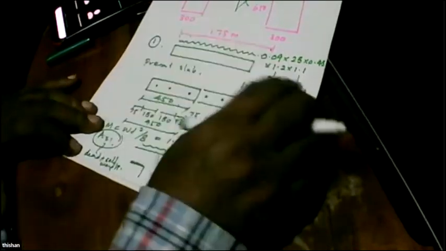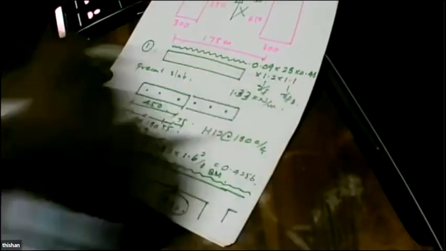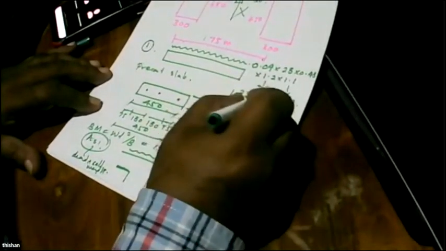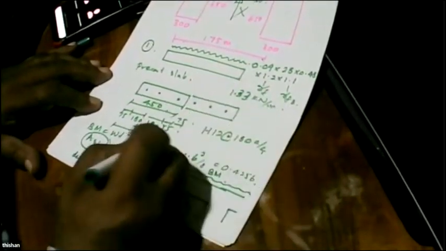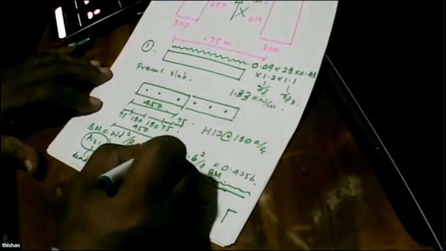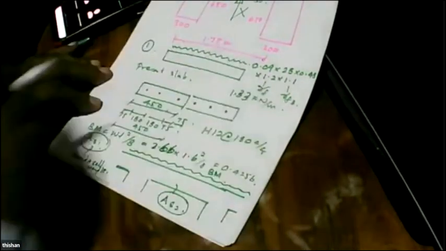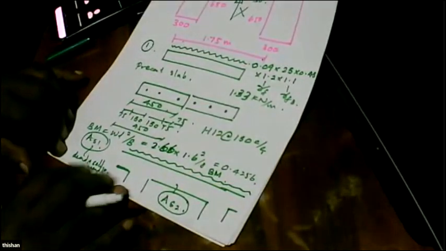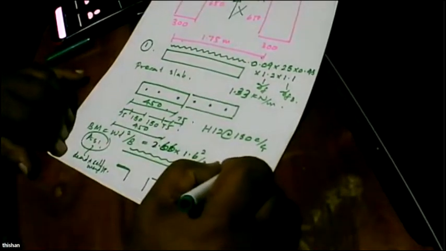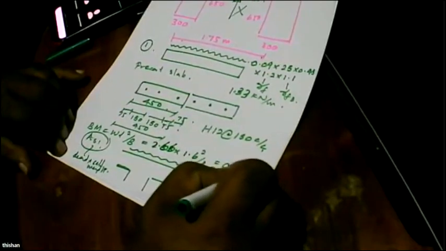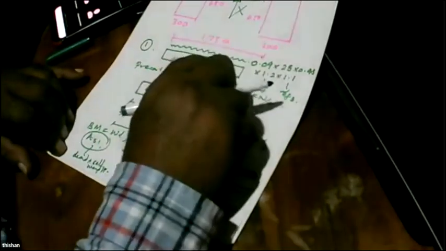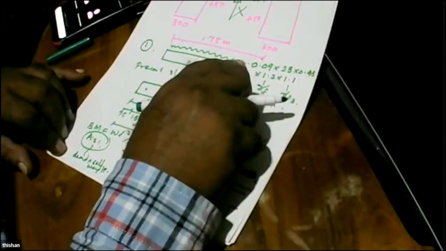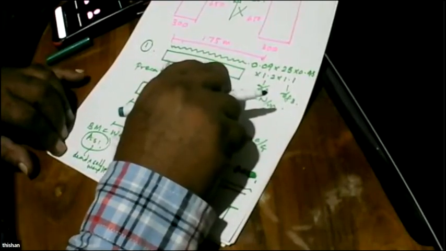Actually I have to consider the dead weight as well, the self-weight also. So basically this will be doubled. It should not be 3.66 because this has to carry the self-weight of the beam as well. So altogether it's 2.66. Here I considered only the weight of concrete, but the self-weight is also there.